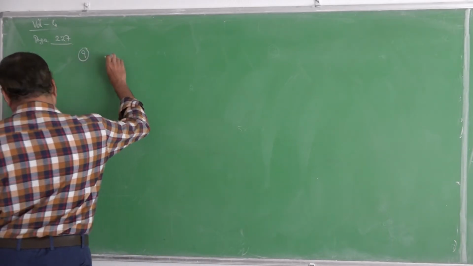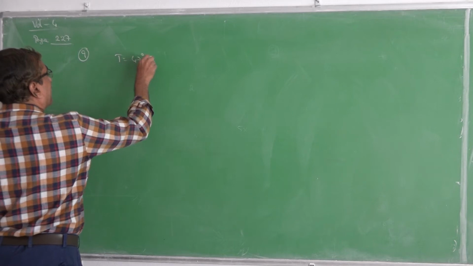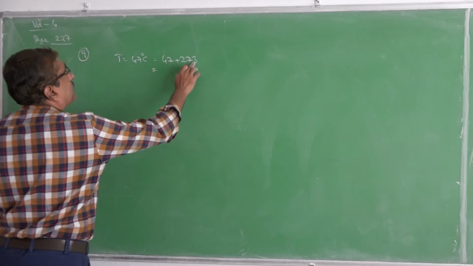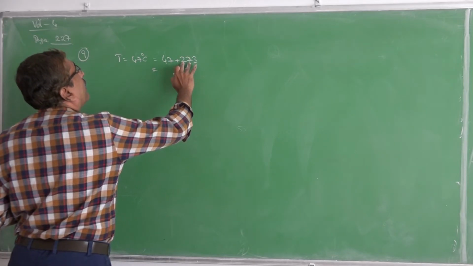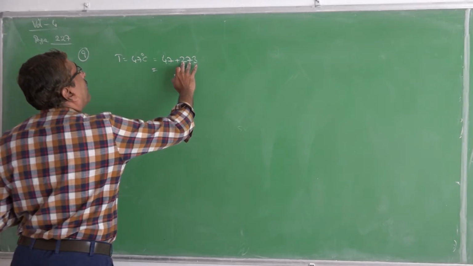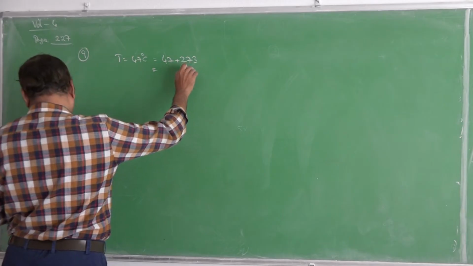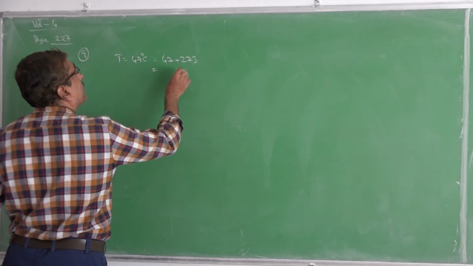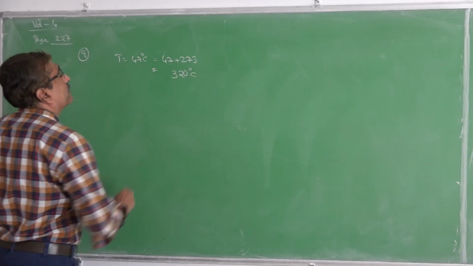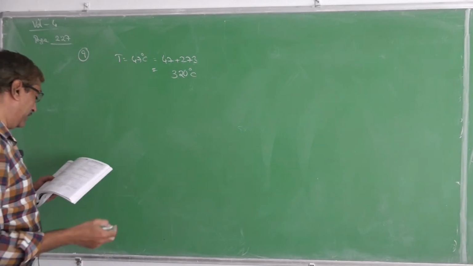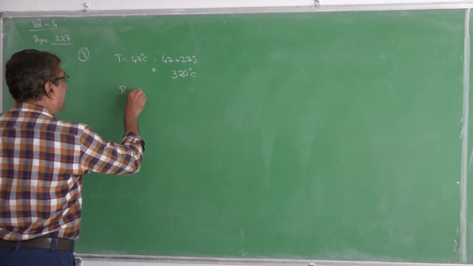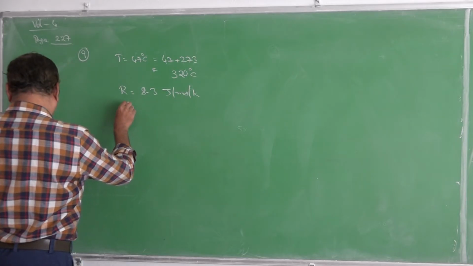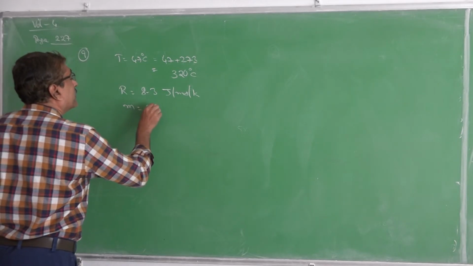Given temperature as 47 degrees centigrade means 47 plus 273, that is 320 K. R value is given as 8.3 joule per mole per Kelvin, and mass of oxygen is 20 gram.